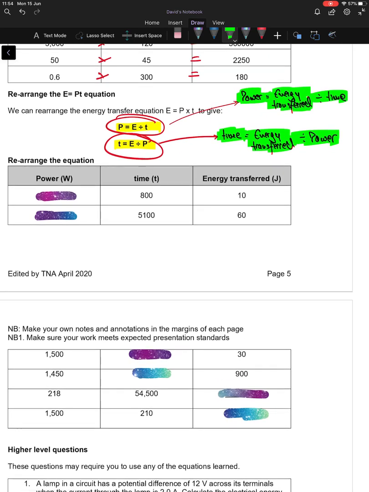Right, so we're left with some equations on the next page. Now, as you'll see, they are blanked out.